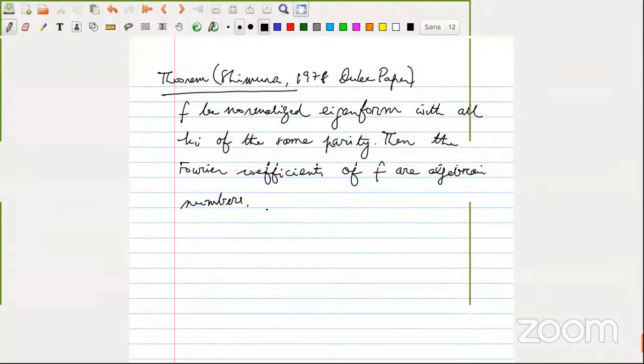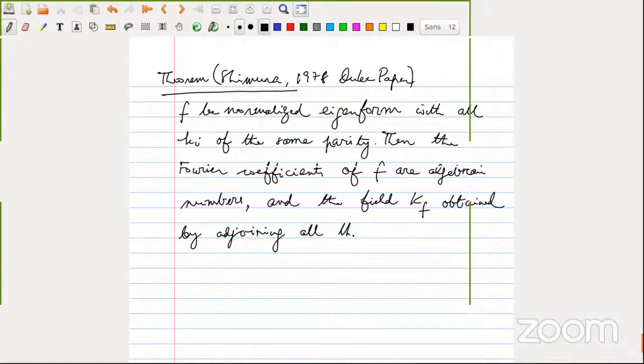Okay, so the field K_f obtained by adjoining all the Fourier coefficients of f is a number field.